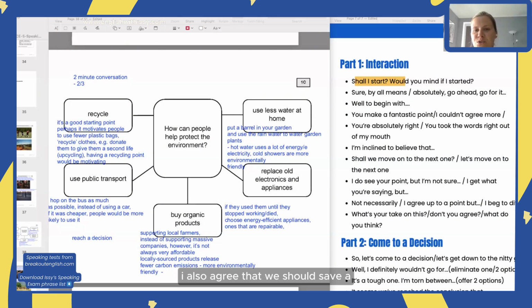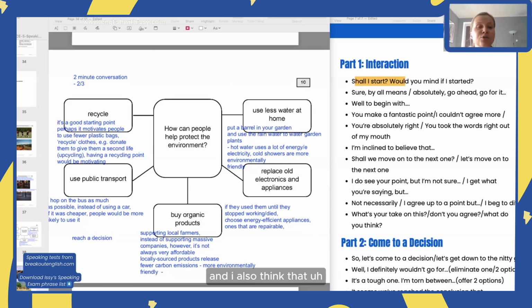I also agree that we should save water at home as much as we can. And in my opinion, it's also a good idea while you're brushing your teeth, just to use a little cup with the water, not use the water pouring all the time from the tap.